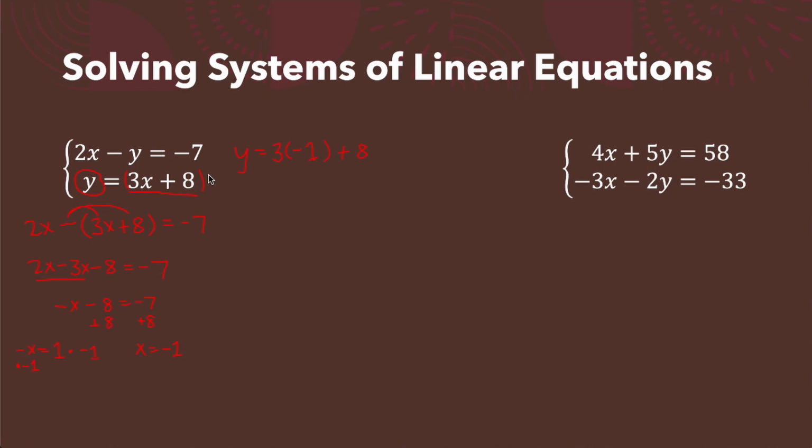Plugging in x into either equation works if you want to solve for y. So we have 3 times -1 is equal to -3, and y is equal to -3 plus 8, so y is equal to 5. Now, let's check.